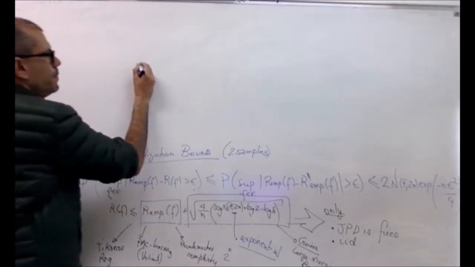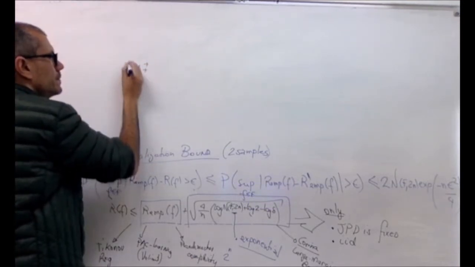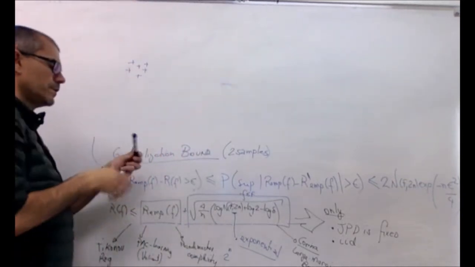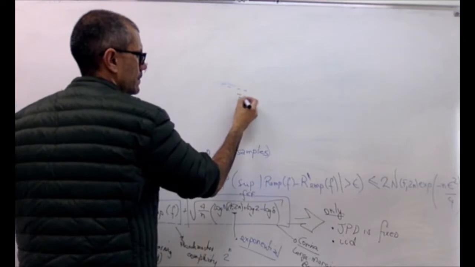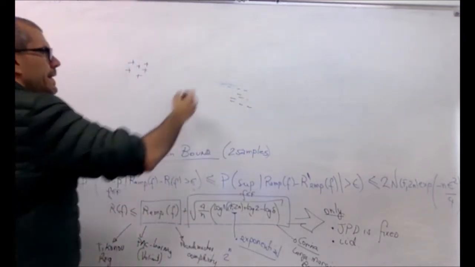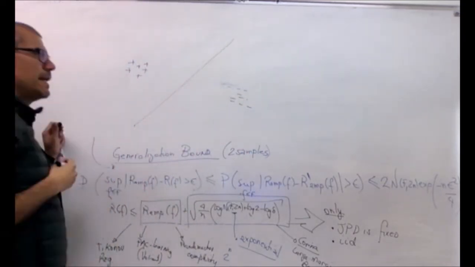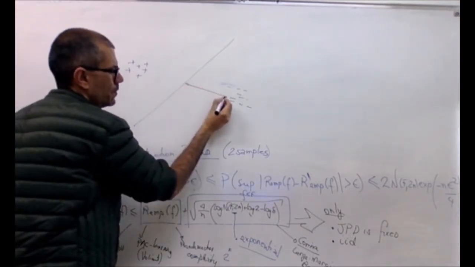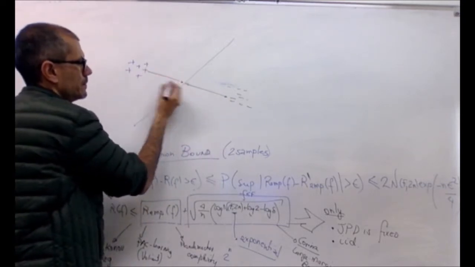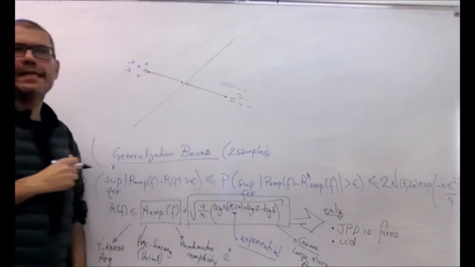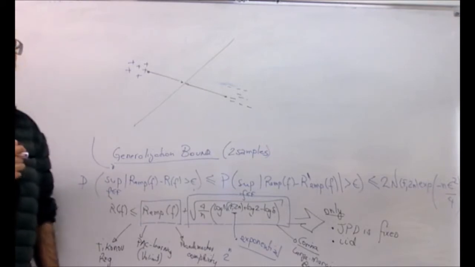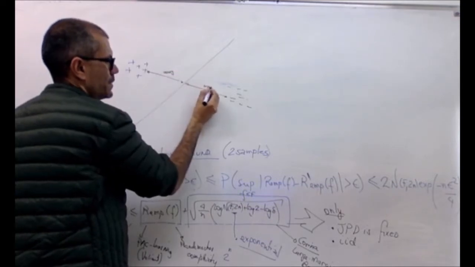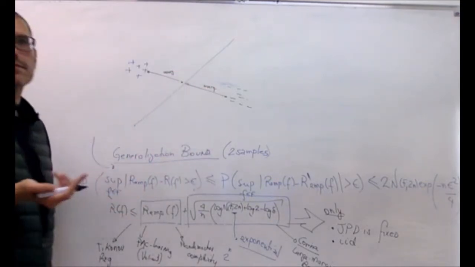If I have a bunch of positive points in a given space, and those points are very far from the negative points, if I build up a hyperplane here, having the largest possible margin from both data sets, from the positive and from the negative side, this is the margin, or this is the margin if you prefer, because both should be equal, right?